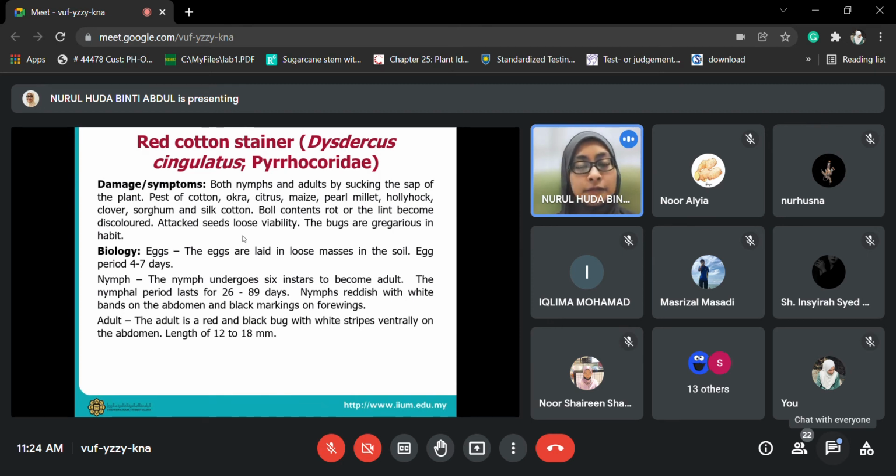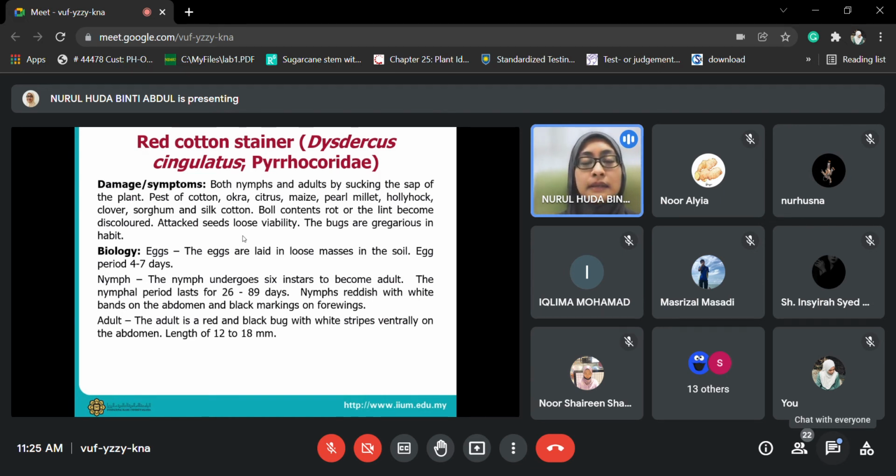It's actually a fruit of the plant tu. Maksudnya dia boleh makan ataupun sucking the sap from the fruits. Like kalau kamu tanam roselle, part roselle tu lah kan yang we consider as a boll, ataupun fruits dekat okra. Maksudnya lady's finger, okra, bendy, okay. So dia akan suck the sap.